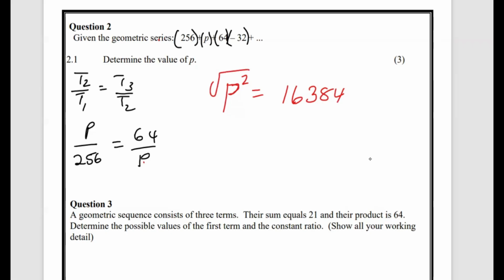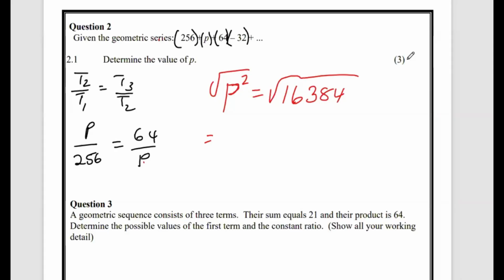Square root that and then square root that. Chances are high I'm going to have two answers, the positive as well as the negative. So the answer I'm getting is plus or minus 128, which means P is plus or minus 128.